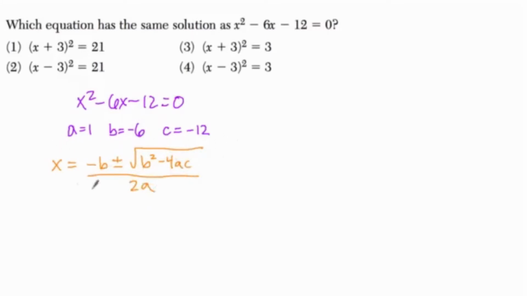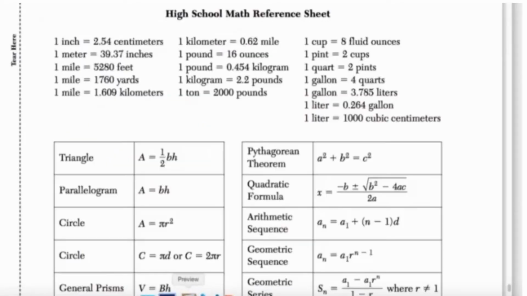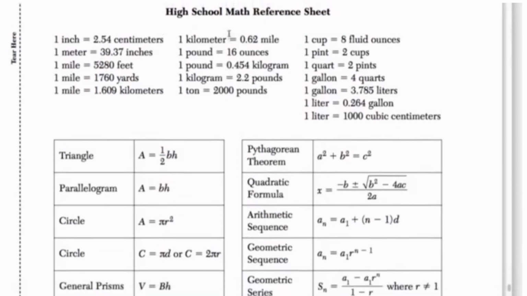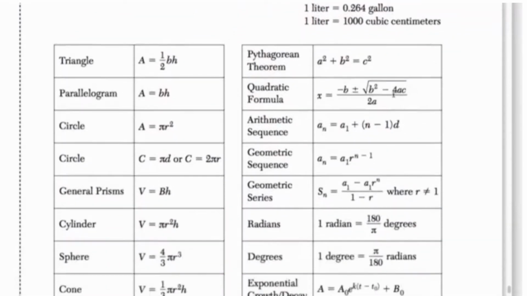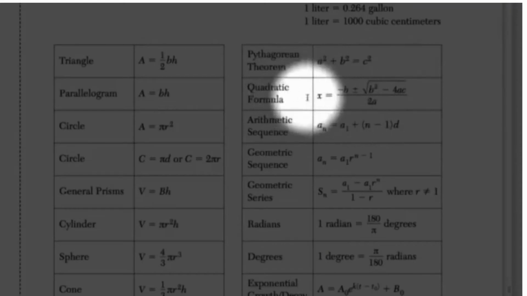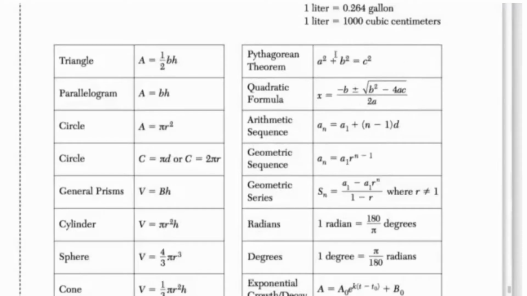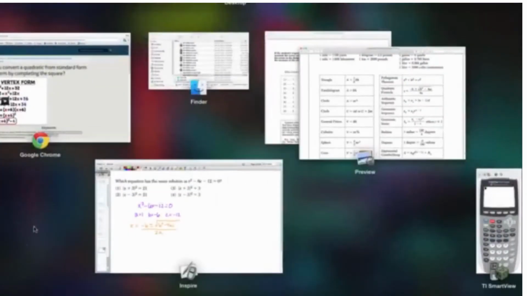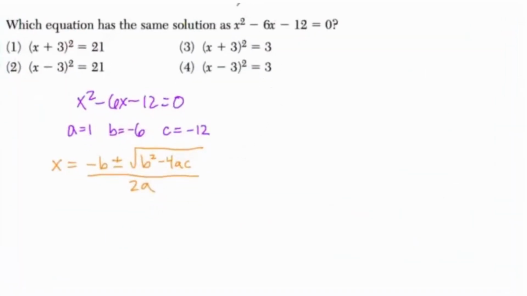And if you're sitting there trying to remember the quadratic formula and you just can't quite remember it, you can always go to your formula sheet, which they give you on the Regents exam. Sure enough, right here, you don't ever have to remember it all the way through. It's good to remember it, but if you forget it on the day of the exam, you can go to your reference sheet and pull it right out. So don't freak out if you forget it.